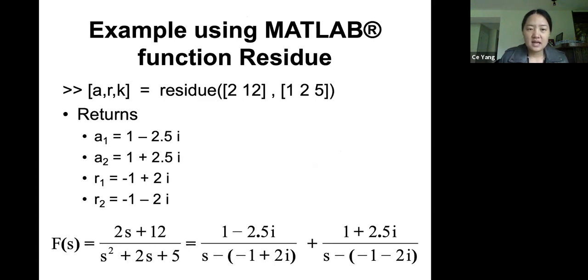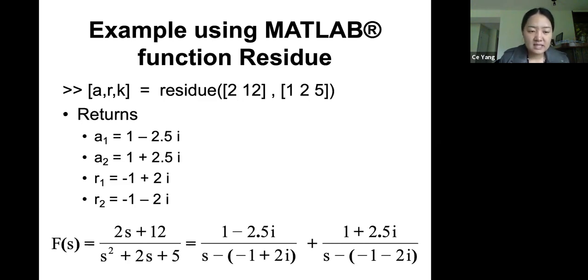Here we use [A,R,K] equals residue with inputs 2 1 2 and 1 2 5. These are the coefficients of the polynomials of the numerator and denominator. After we run this command, we get returns with A's and R's. Both A's are complex numbers here.